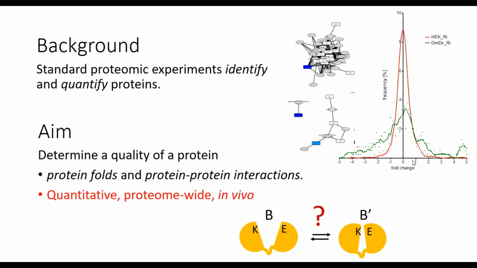So we want to quantify, proteome-wide and in vivo, how the protein folds and how proteins interact with each other, looking at the quality, which is the accessibility of certain sites in the sequence of the proteins.